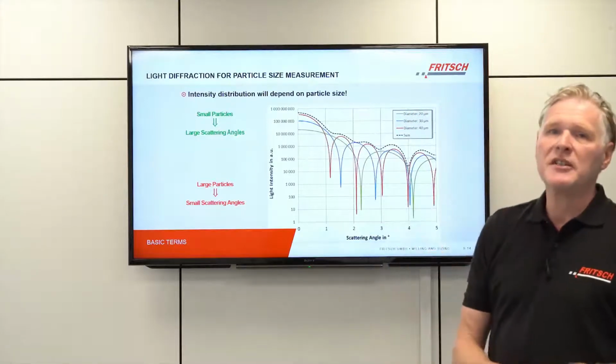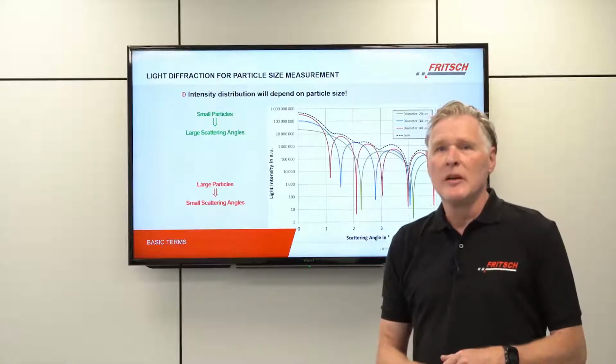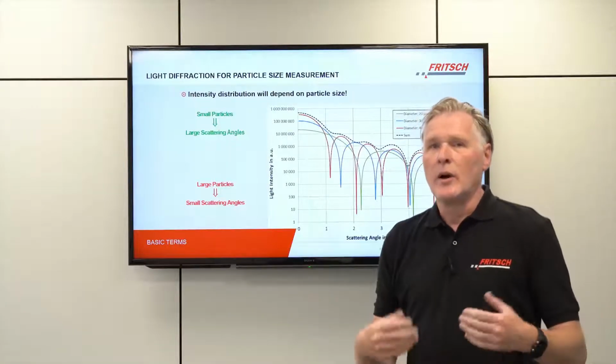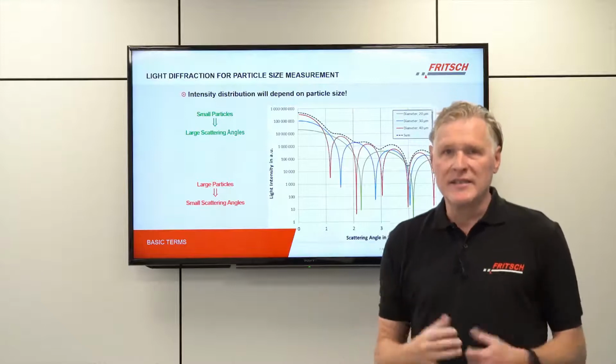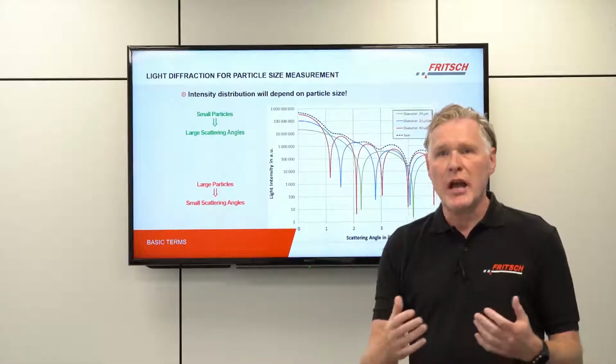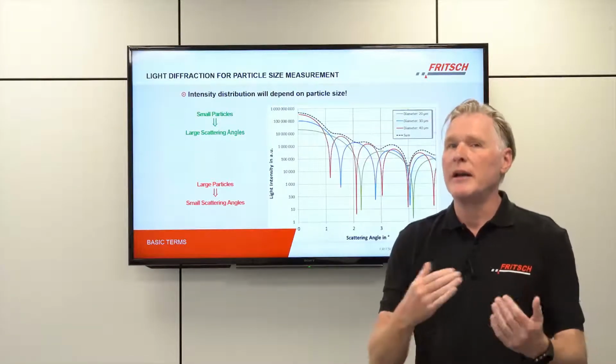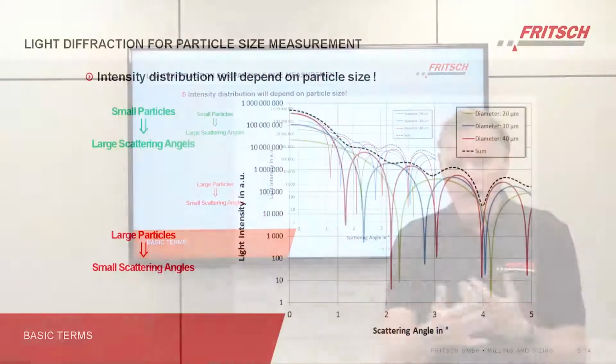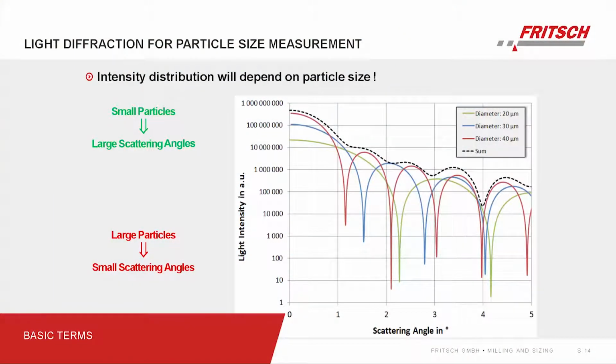Already in this picture you see one of the main problems with the technique: typically you don't have just one single diameter, but you have many different particle sizes. So you have a sample with a wide range of diameters, and all those different diameters of course generate different intensity distributions, and what you get at the end is a superposition of all those intensity distributions.